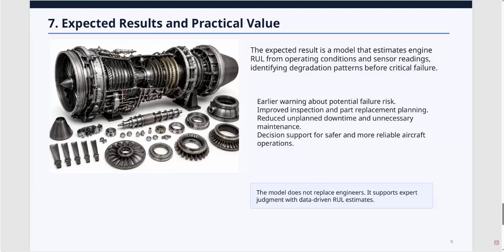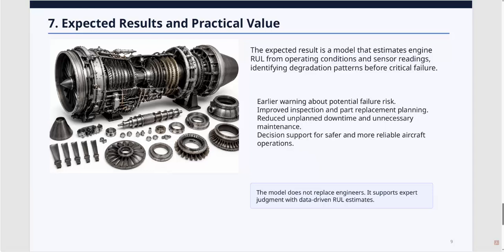Expected results and practical value. In practical terms, this prediction can support better maintenance planning. Instead of relying only on fixed schedules, maintenance teams could use RUL estimates to decide when inspections or part replacement are needed.